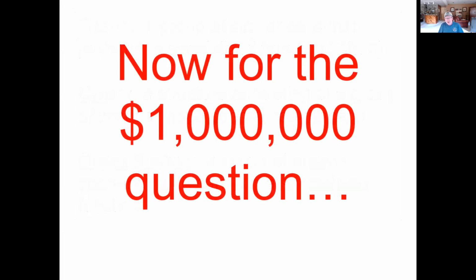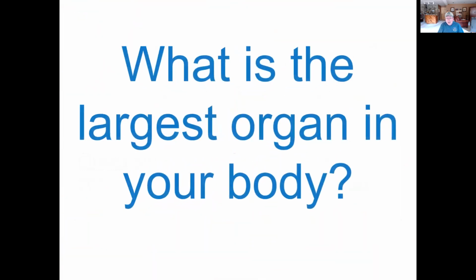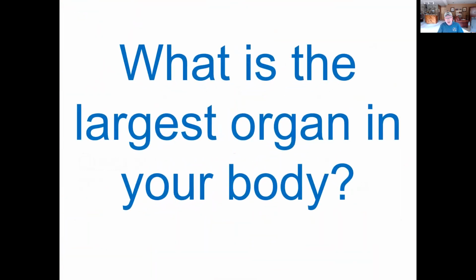But I want to ask you a question first. What's the largest organ in your body? Any idea? You might think maybe liver, if you think about the rat dissection and how large that organ was when we opened up the abdominal pelvic cavity. It's a really big organ, certainly one of the largest in the rat.